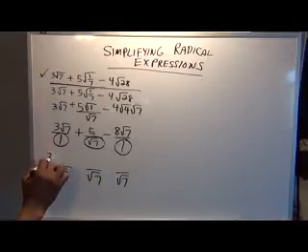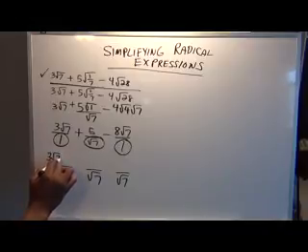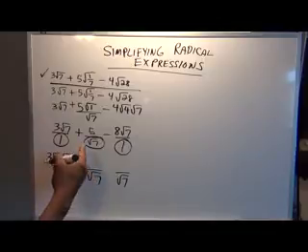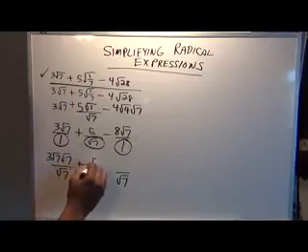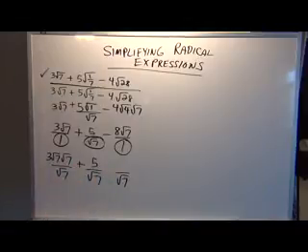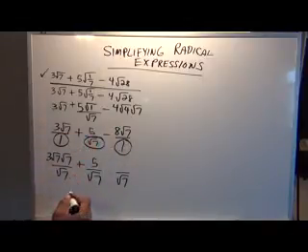So that would be 3 times the square root of 7 times the square root of 7. This term already has square root of 7 in the denominator, so we simply write that 5. And then we multiply this denominator, which is 1, times the square root of 7, so we need to multiply the numerator times the square root of 7.